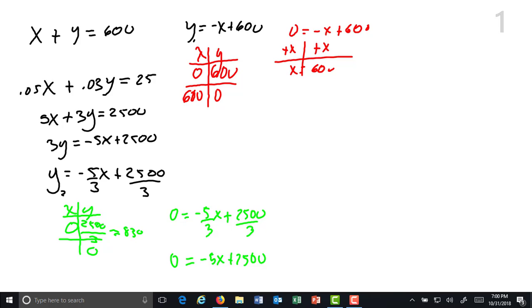Okay, how am I going to solve that? I'm going to add 5x to both sides. So I'm going to have, in the end over here, 5x equals 2,500. So I'm going to divide both sides by 5. Do you see that? So now I have my x-intercept.